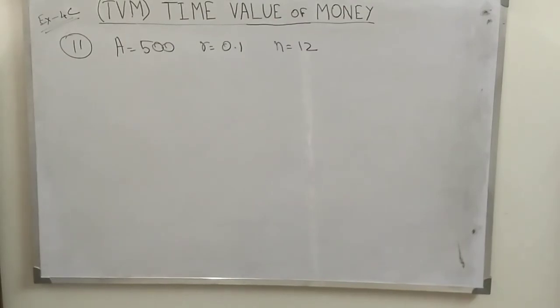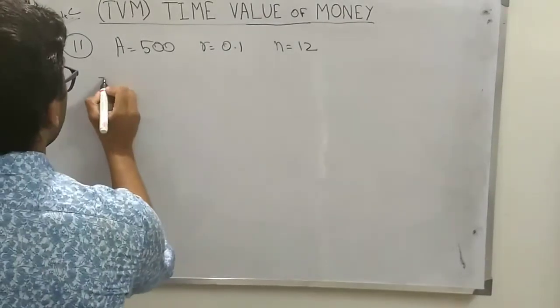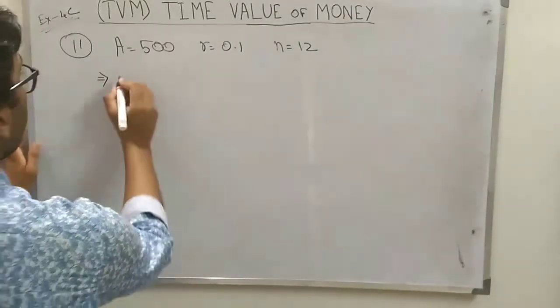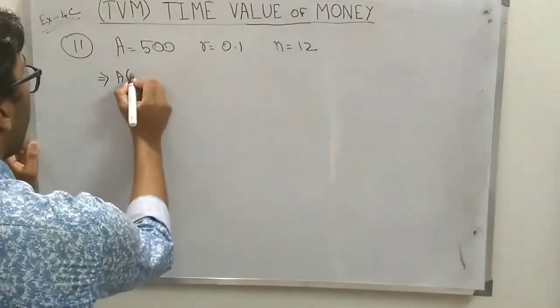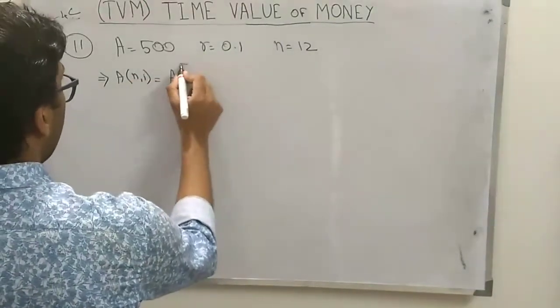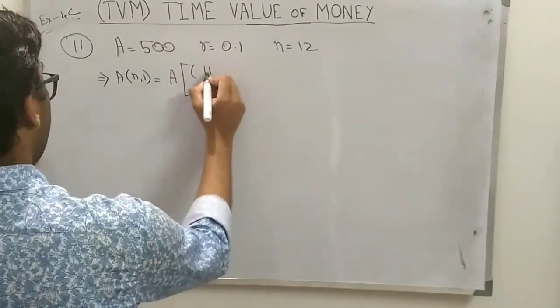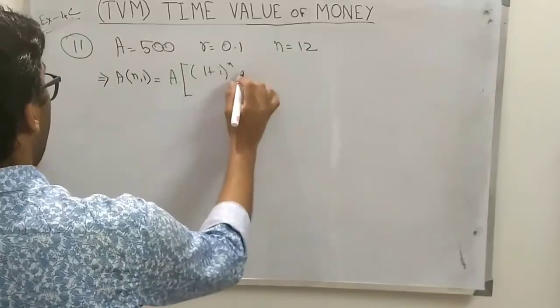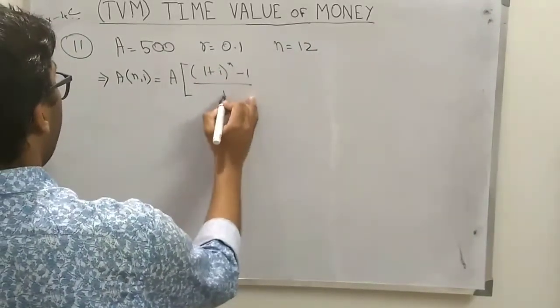Now after making the 12th payment, what is the present amount standing to his credit has been asked. The formula will be A_n is equal to A, open third bracket, 1 plus i to the power n minus 1 divided by i.